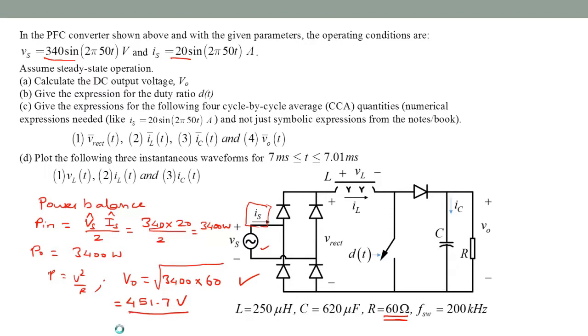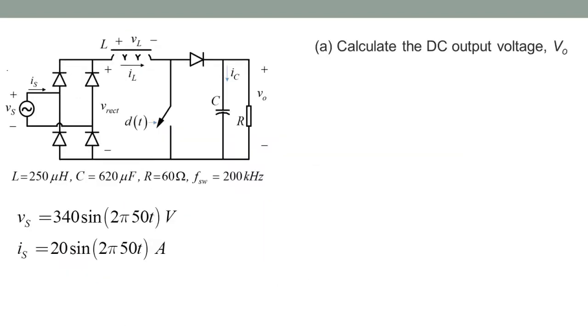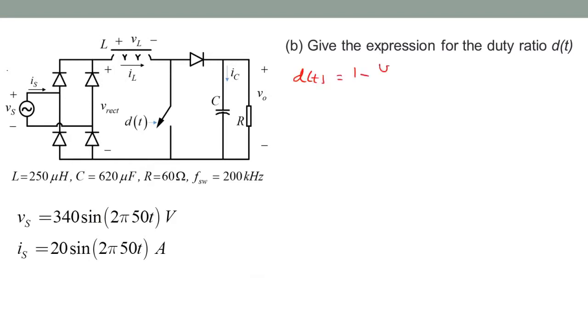Okay, the second question was to calculate the duty ratio, D of t. Again, for a boost converter, we know that D of t is 1 minus the input voltage divided by the output voltage.